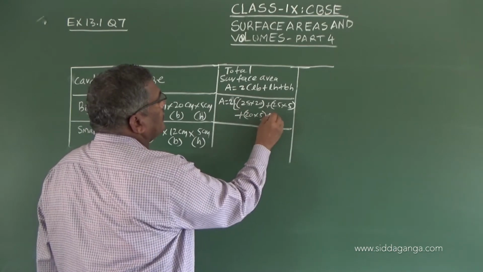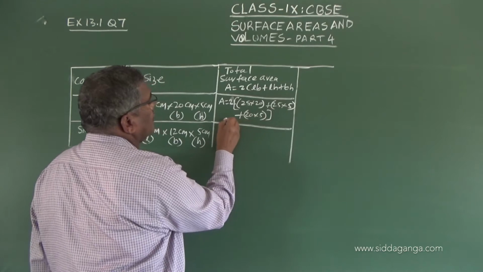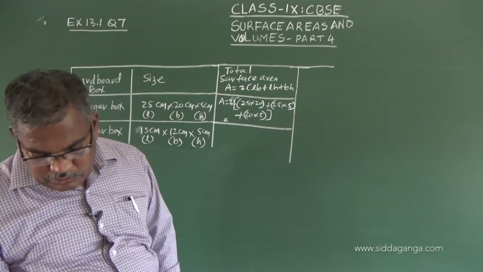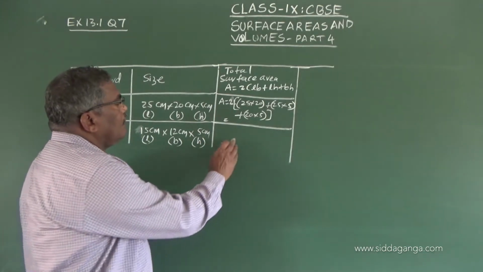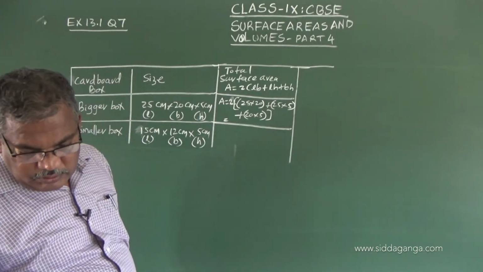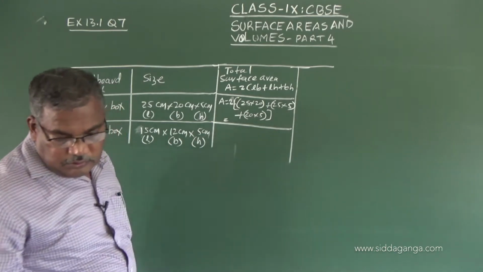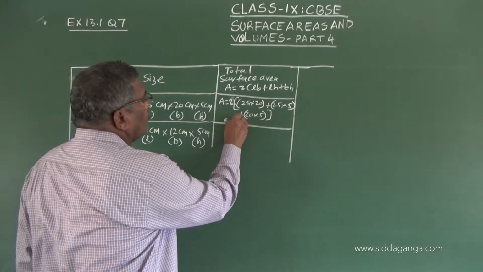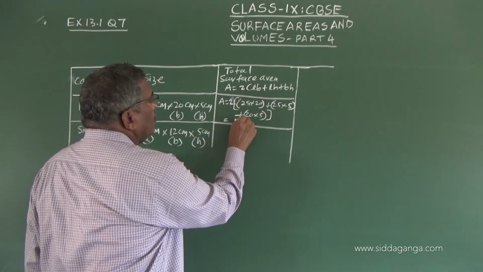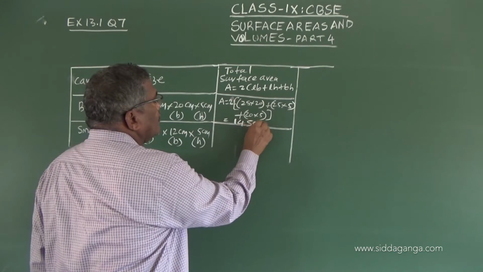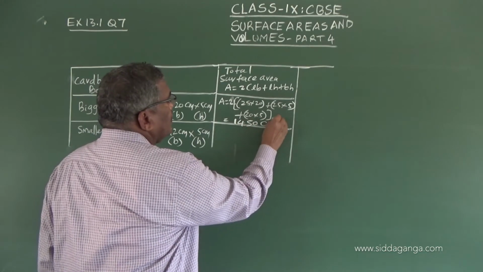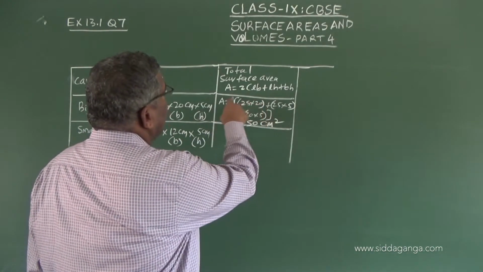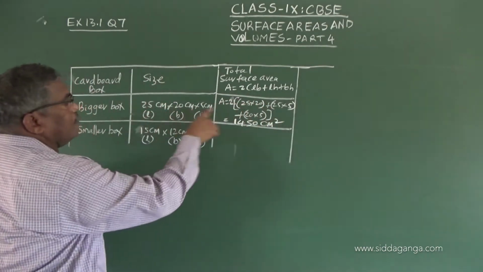You simplify this, you will get A equals 1450 centimeter square. So this is the area of the bigger box.